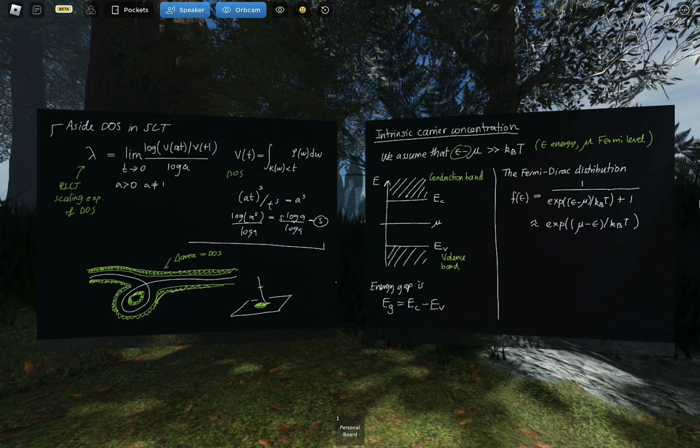It's saying I'm considering an energy, say up here, such that this gap is large compared to kBT. That's not always true, but this is our first shot at a theory describing semiconductors, so this will do. So that's the probability that a conduction electron orbital is occupied, at an energy that's above EC.